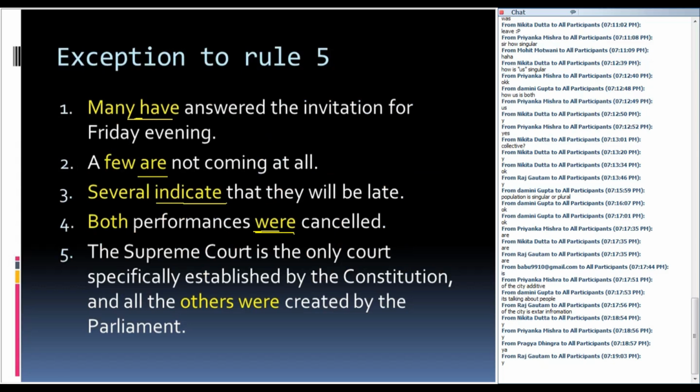The Supreme Court is the only court specifically established by the Constitution, and all the others were created by Parliament. So our indefinite pronouns are here: many, few, several, both, others. These are 5 indefinite pronouns that are always plural.